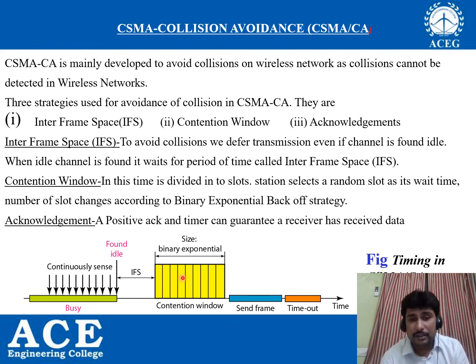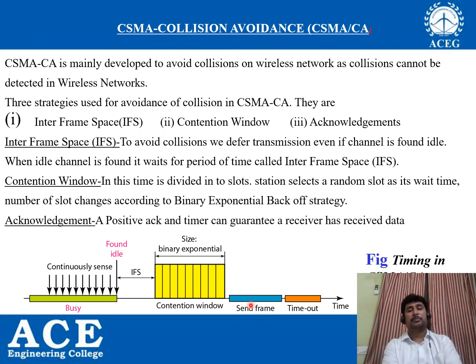But whenever I find the channel free after this particular contention window, I send the frame, and after sending a frame, to check whether that frame has been received successfully or not, I use my third strategy called acknowledgement, where I expect a positive acknowledgement from the receiver before the timer expires, and this positive acknowledgement can guarantee that the receiver has received the data.